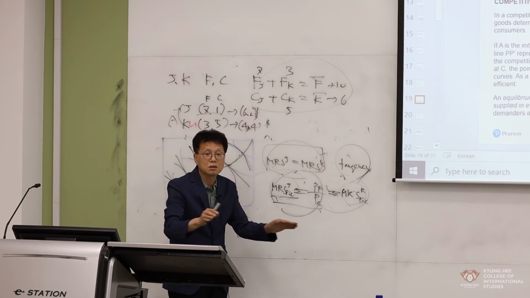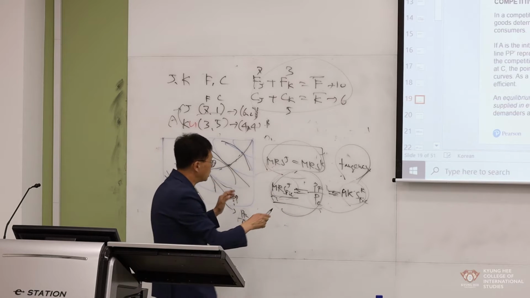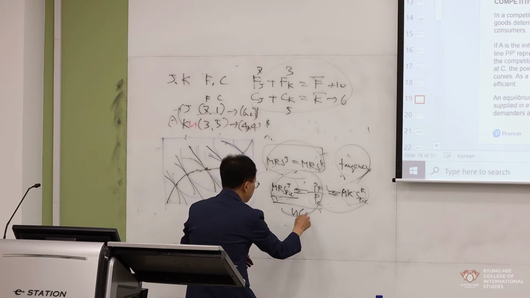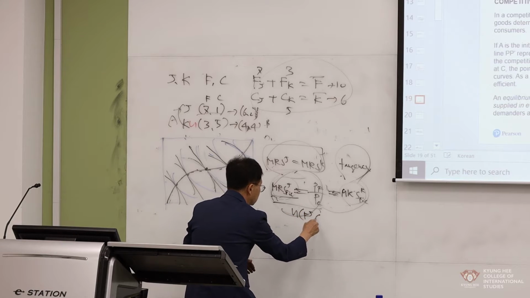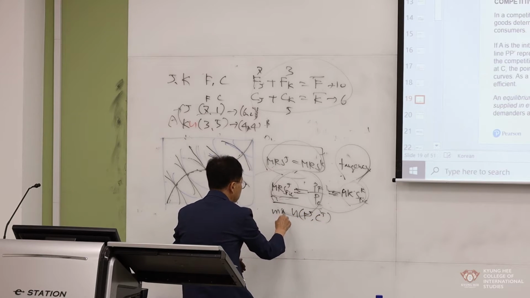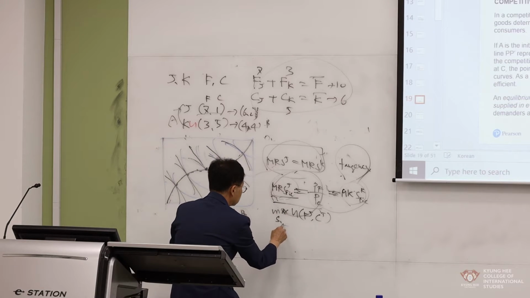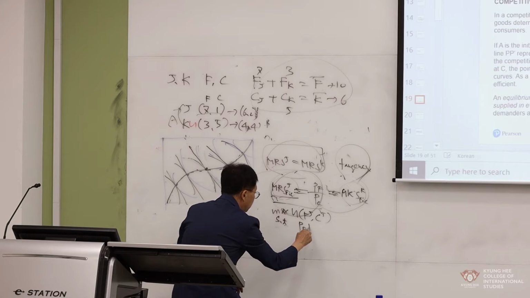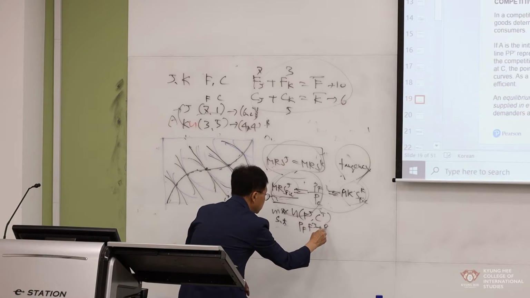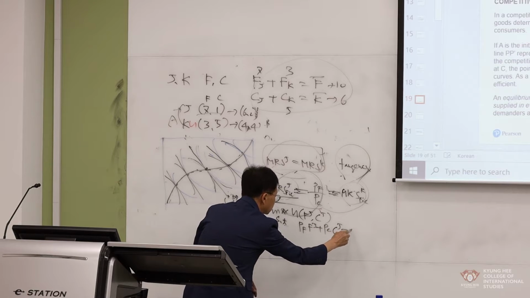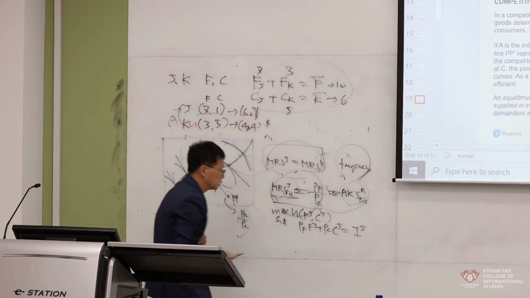Both conditions are satisfied simultaneously. In consumer theory, we studied that James maximizes utility. Right? Utility of food James, clothing James, maximizing utility of James, subject to PF FJ plus PC CJ equal to income of James.